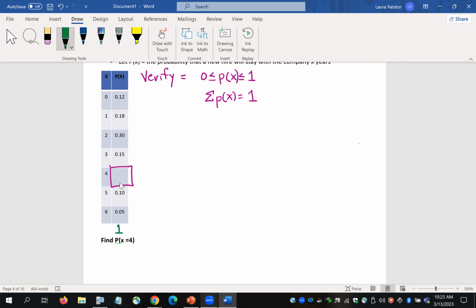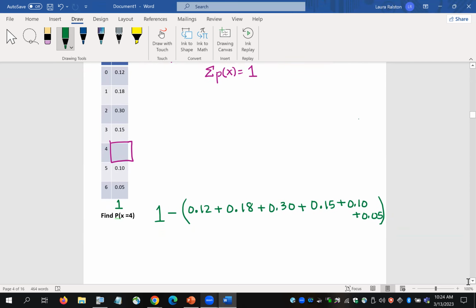So if I know it has to total to 1, I can take 1 and subtract all the other probabilities. If I know what all these others are, whatever's left has to be the value for 4. So if I can add all these others up, okay, and then I'm going to subtract from 1 because it has to total to 1.